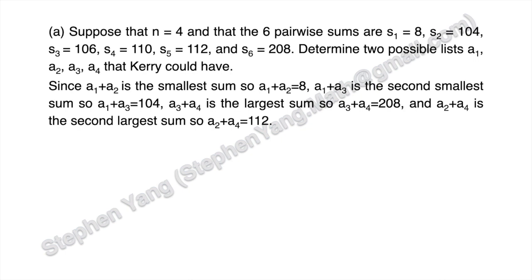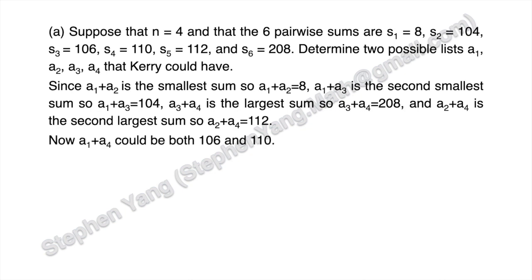And a3 plus a4 would be the largest sum in these 6 sums, so a3 plus a4 equals 208. And a2 plus a4 would be the second largest sum, so a2 plus a4 equals 112.